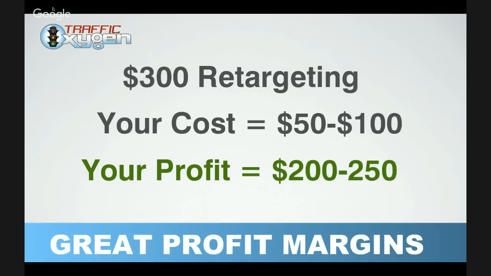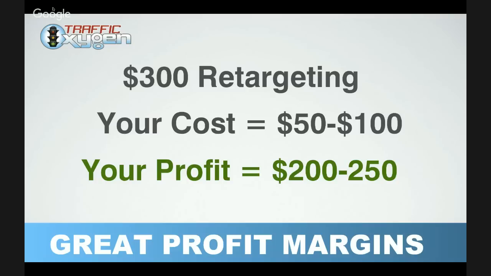It's going to cost $300, and your cost is going to be somewhere between $25 and $50 for the first month, because they're not going to have very many visitors in the first month, but it may creep up to about $100 after a few months when there are enough people out there to retarget. So say it costs you $100 and you're charging them $300. That means you're making $200 minimum off this account for something you don't even have to lift a finger for.